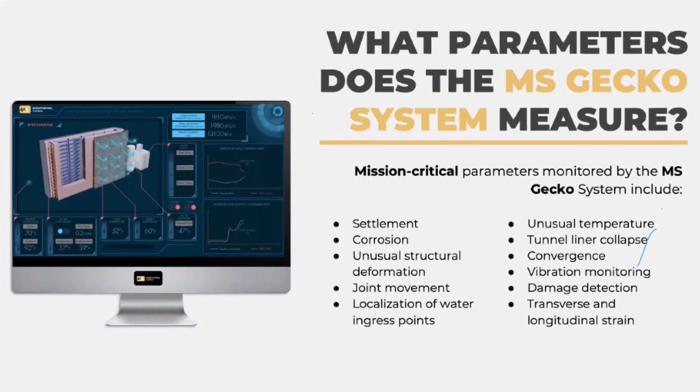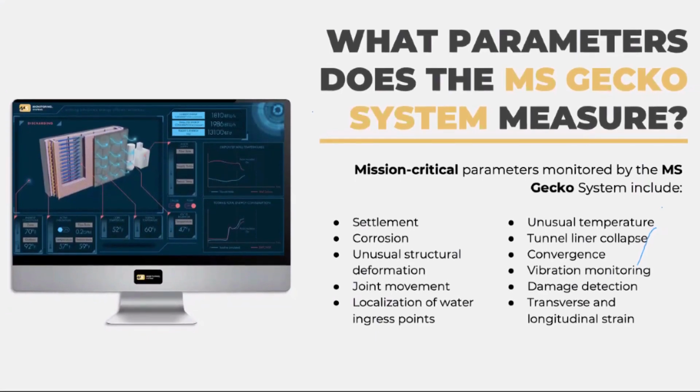But just to give you an example, with the help of fiber optic monitoring technology, we can monitor the settlement, even the corrosion level, unusual structure deformations, joint movement, localization of water ingress points, unusual temperature, panel liner collapse.